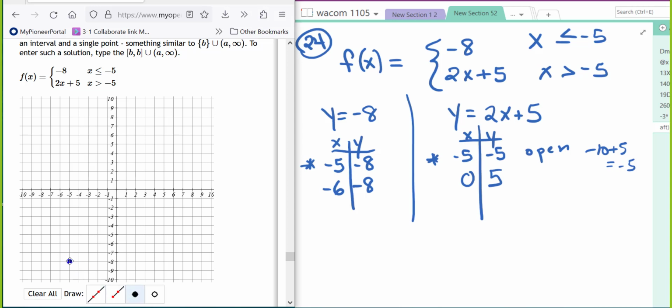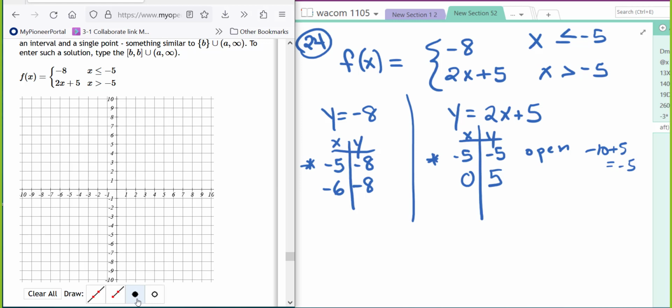Go back there. Oops. All right, it's not liking that. Okay, I guess it does not want me to click it again. All right, negative 6, negative 8. Yeah, that didn't work. All right, we'll start it over.